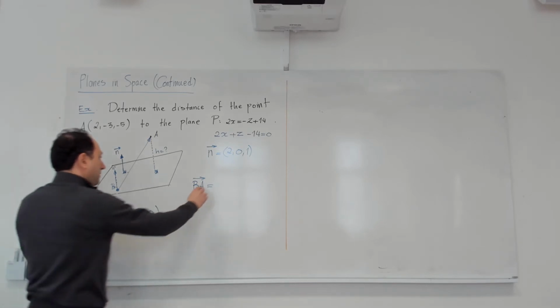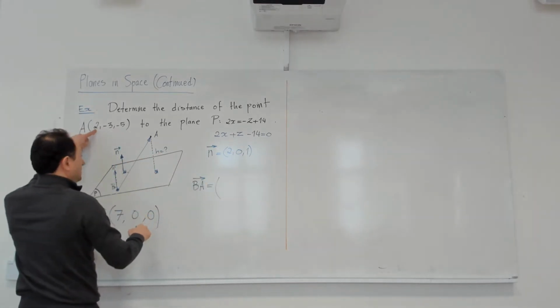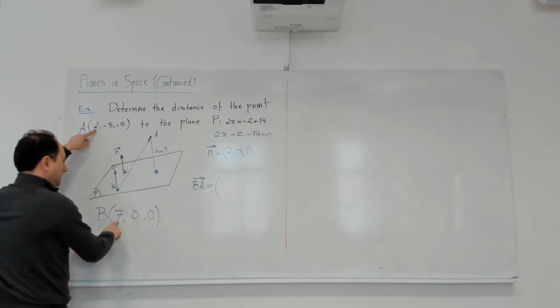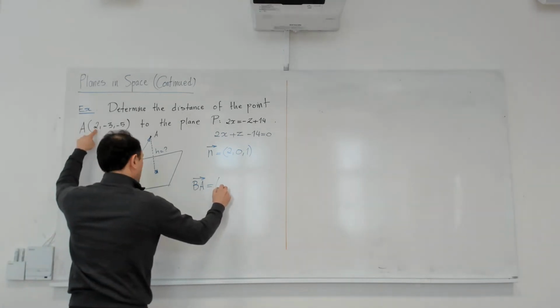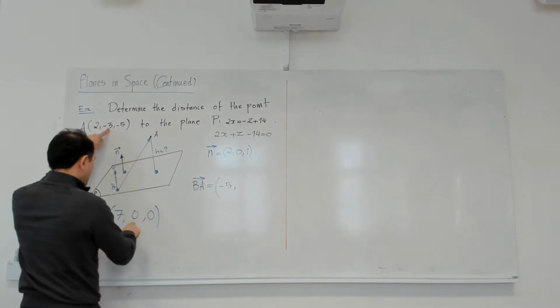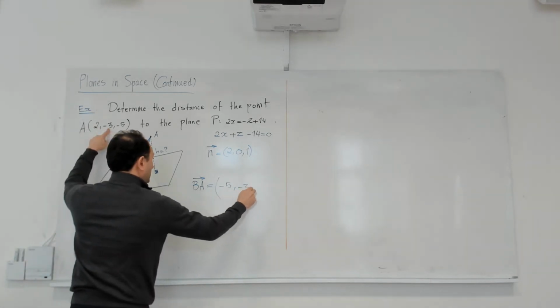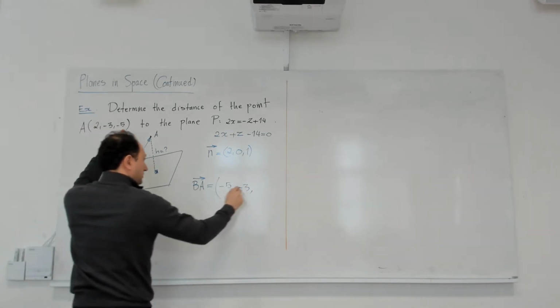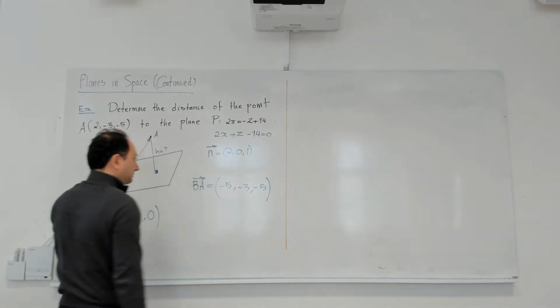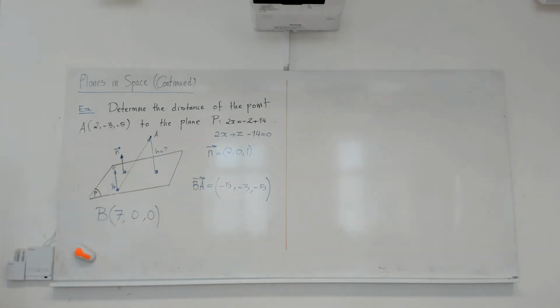So it becomes what? A, which is this one, minus B, which is minus 5, is minus 3, minus 0, and then minus 5, minus 2. Yes? So this is BA.